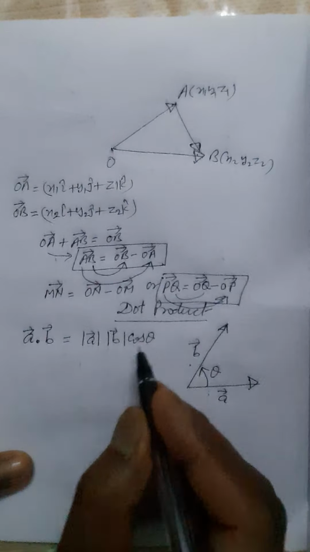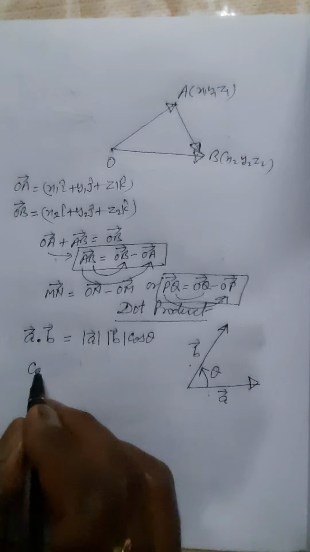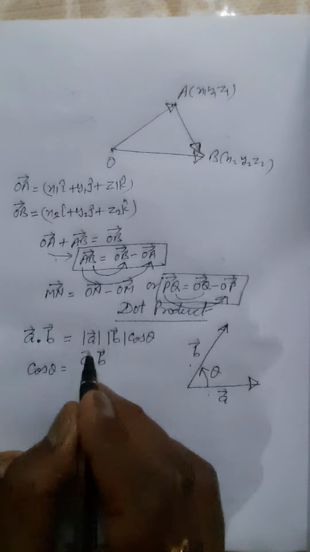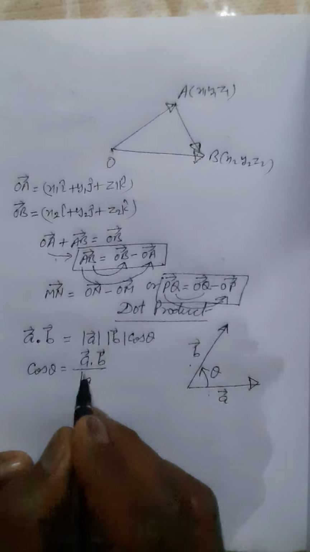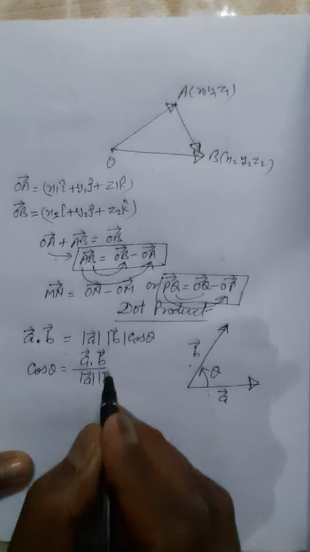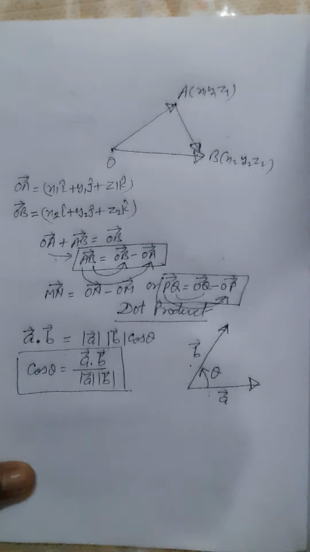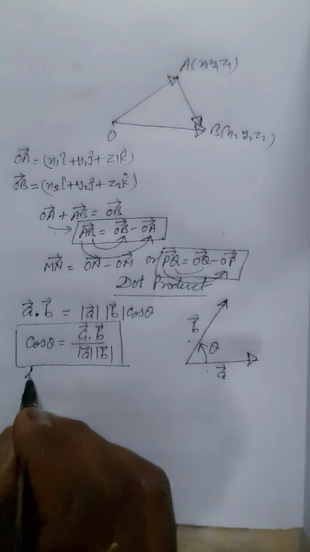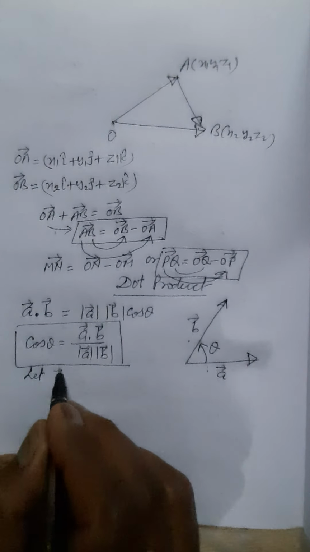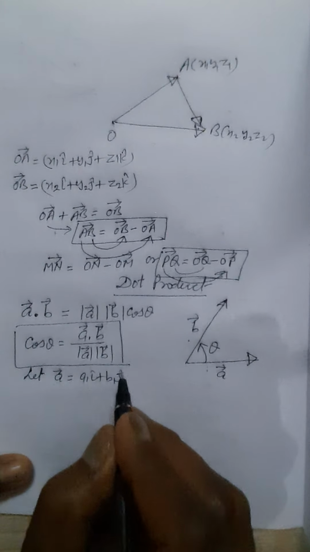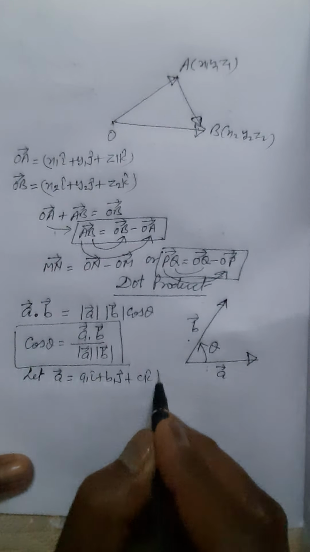So now with the help of this, I can define cos theta is equal to vector A dot vector B divided by magnitude of A, magnitude of B. That is the angle between two vectors. Let vector A be defined as A1i, B1j, C1k.